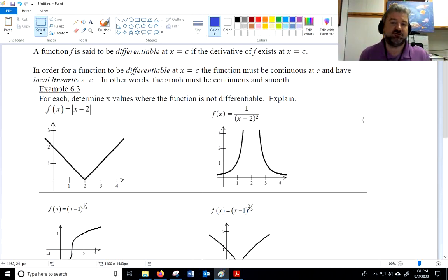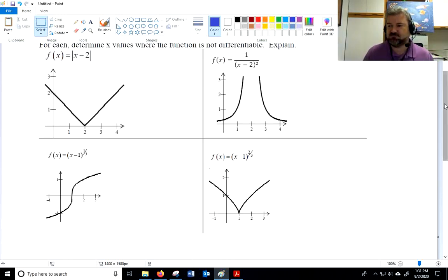But not every function that's continuous at c is differentiable at c. So differentiability is a stronger description than continuity. And so if you know that a function is differentiable at a value, you can conclude that the function must be continuous simply because it's differentiable. Differentiability implies continuity, but not the other way around.